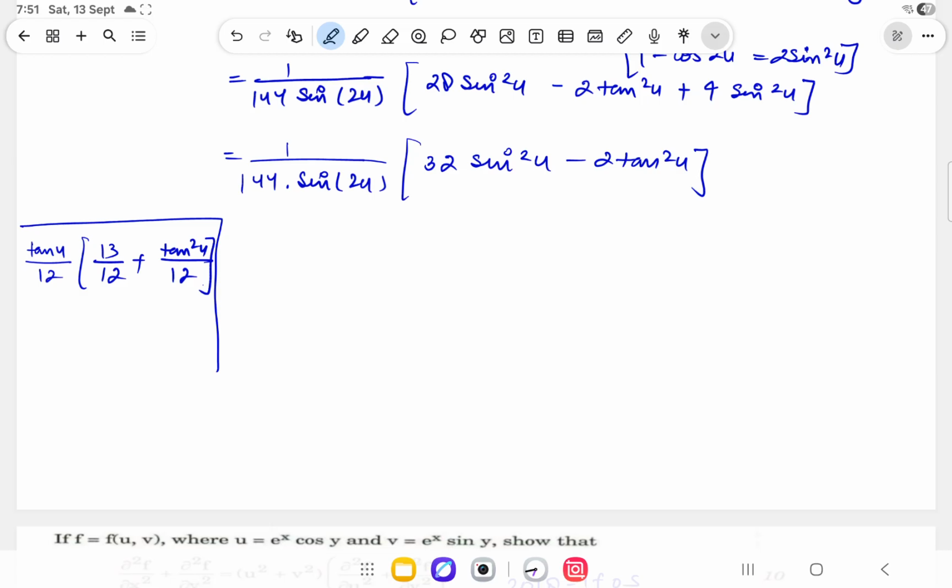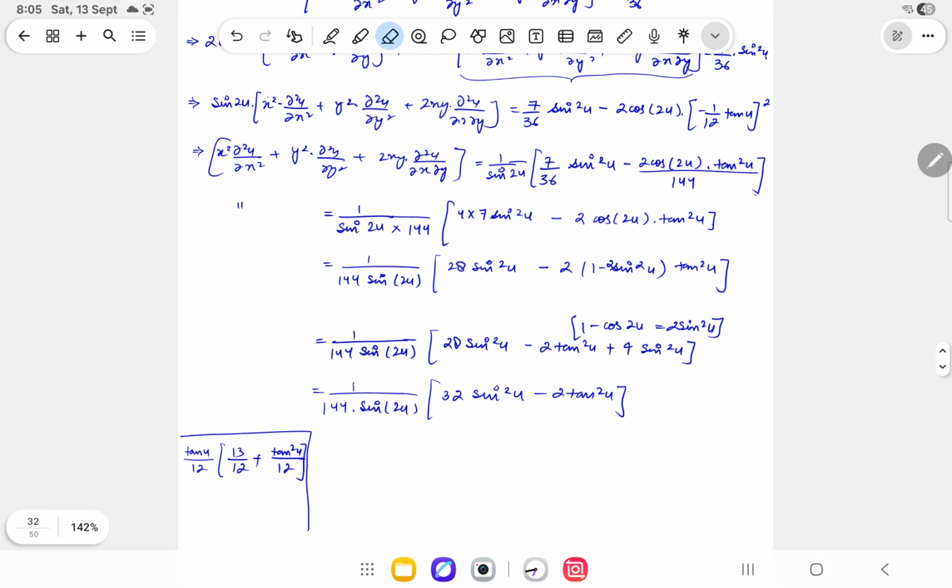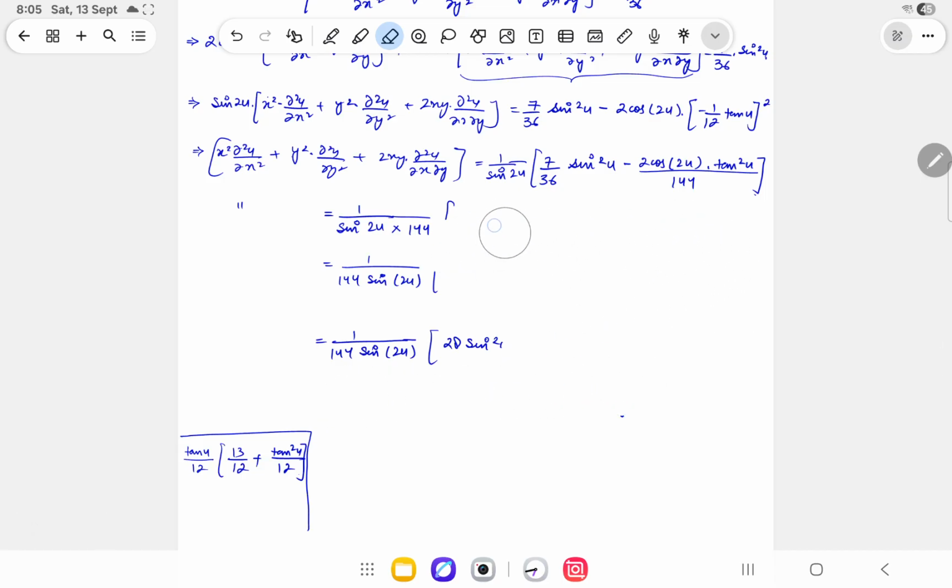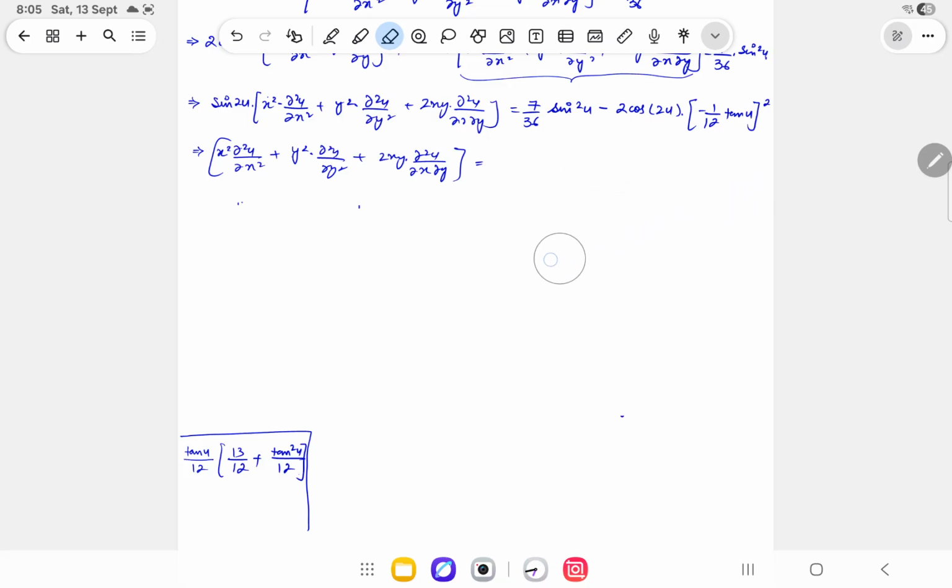Okay, so let's see how we can get it. Let's just resolve it from here and see what we get. So we have this as equals to, here is sin 2u as well.